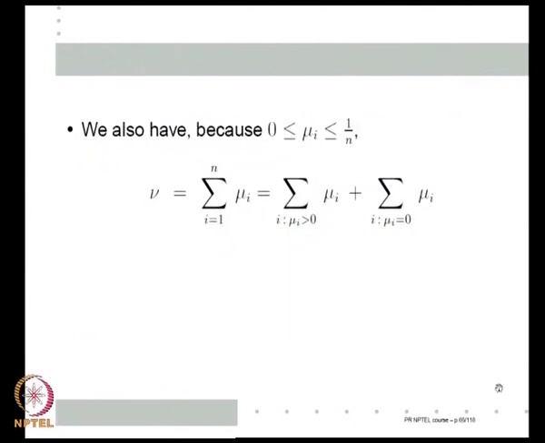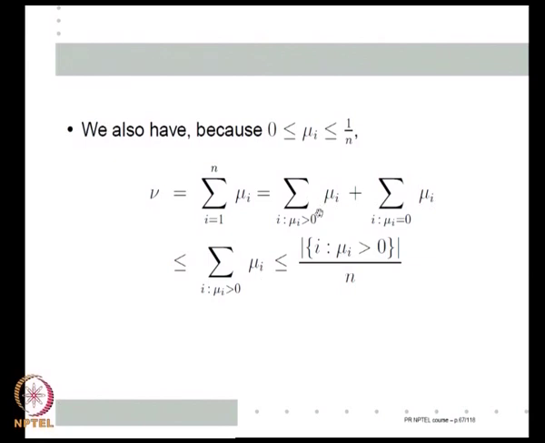That is not all. We also know that for all I, whether or not j I greater than 0, mu I is between 0 and 1 by n, and we know nu is equal to summation mu I. So, I can once again split that into mu I such that mu I greater than 0, and mu I such that mu I equal to 0, this term does not matter really, and for all these mu I we know it is less than or equal to 1 by n.